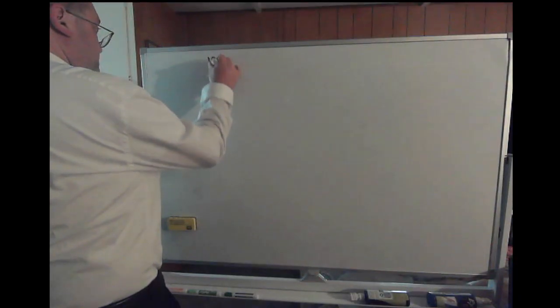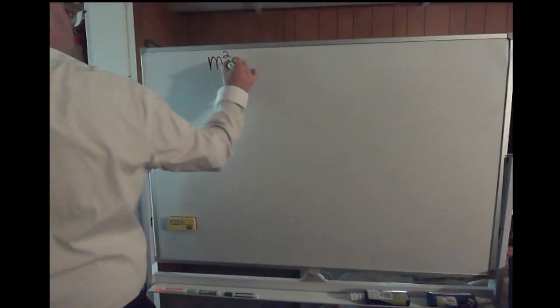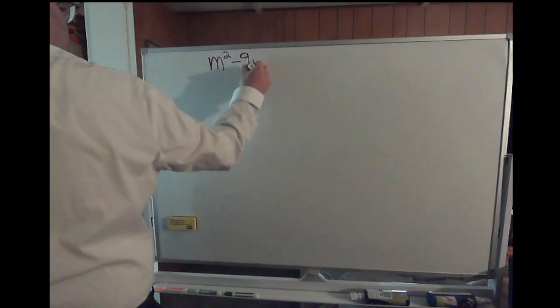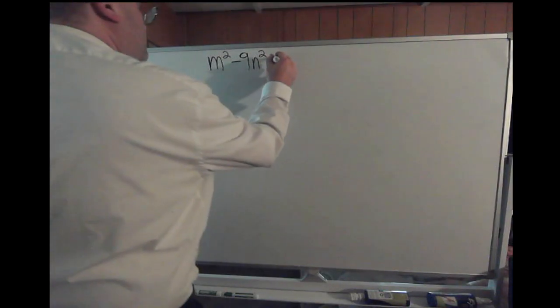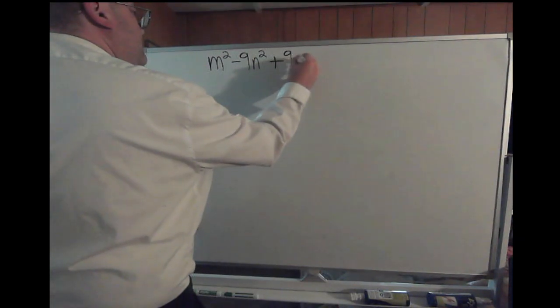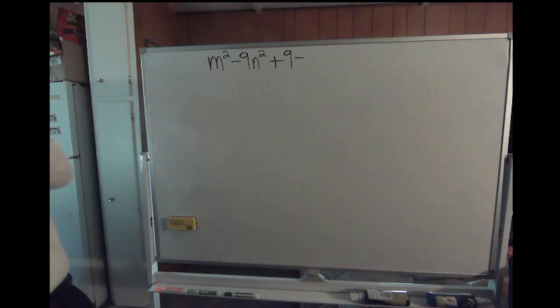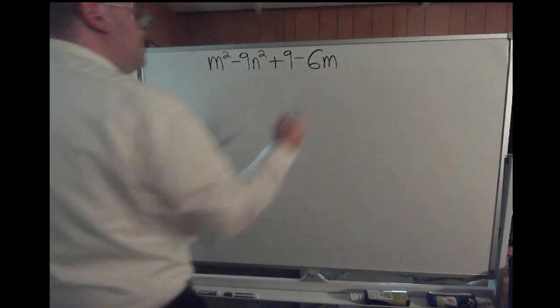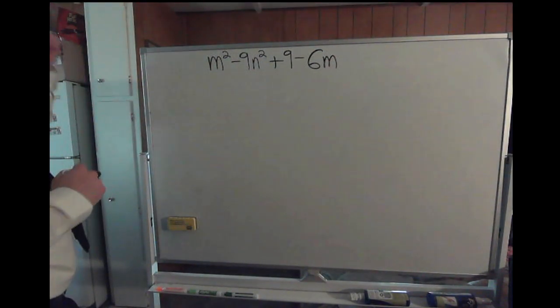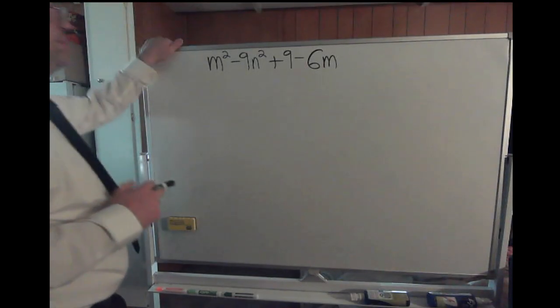We got m squared minus 9n squared plus 9 minus 6m. Well, let's look for any patterns here.